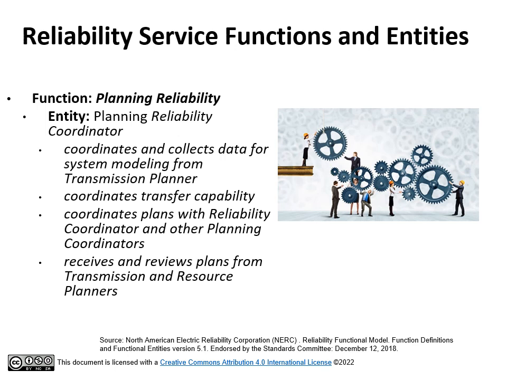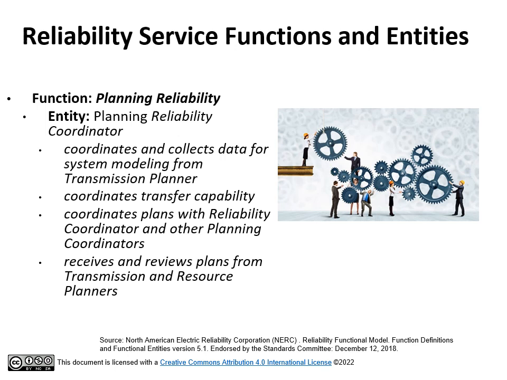Also in the reliability service function group is the planning reliability function. The entity responsible for this function is the planning reliability coordinator. Its relationships with other entities are: number one, coordinates and collects data from system modeling from transmission planners, resource planners, and other planning coordinators.